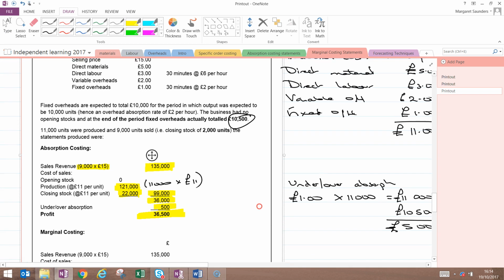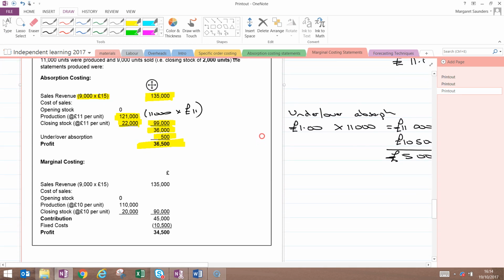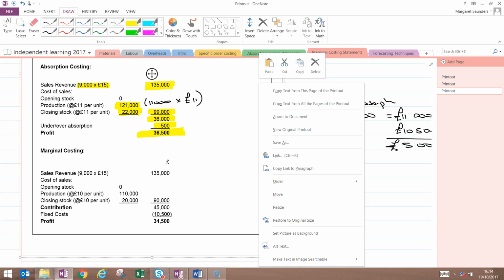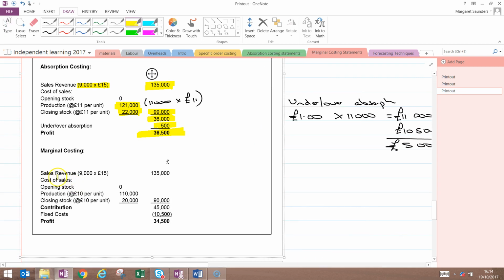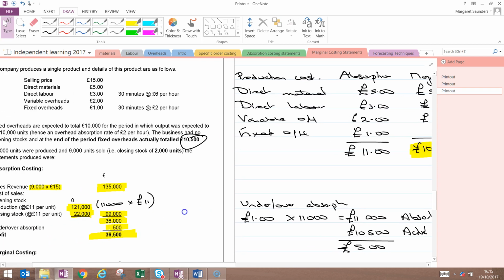So, will we have the same profit figure using marginal costing? Well, we start off the same. The sales revenue, £135,000. Production is now at £10 per unit. We worked out with marginal costing, production cost is £10.